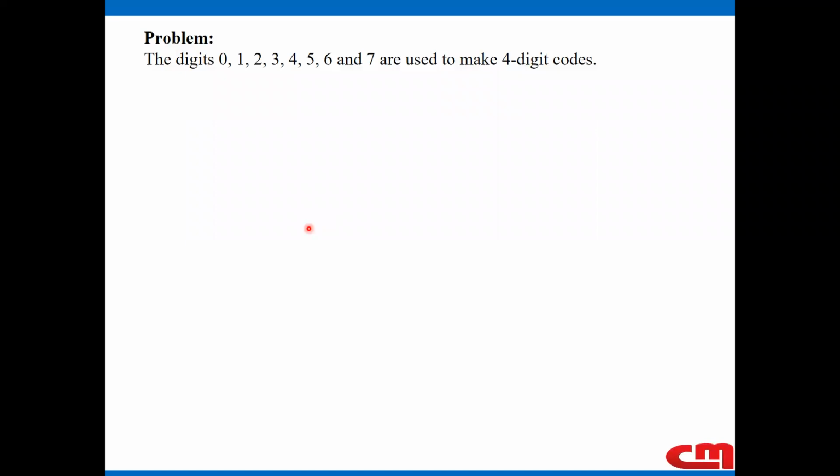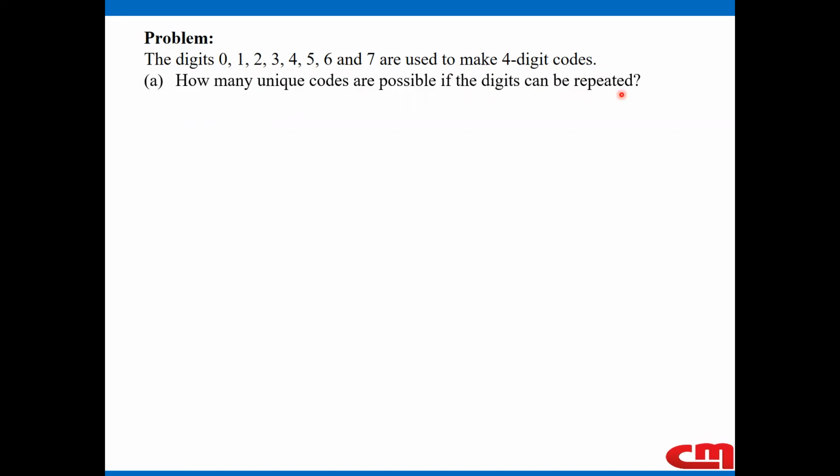Let us look at this problem. The digits 0, 1, 2, up to 7 are used to make 4-digit codes. A: how many unique codes are possible if the digits can be repeated?